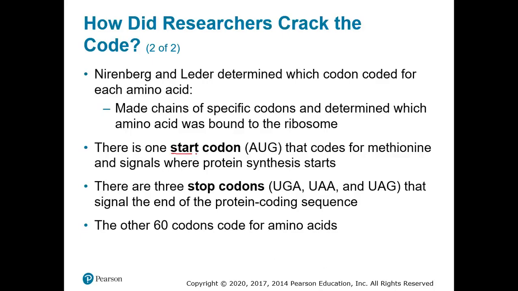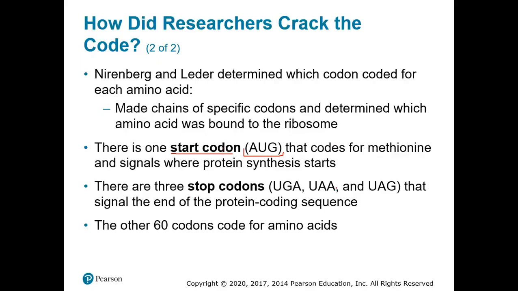So one is a start codon, and this one is always AUG. And we're talking mRNA. And this AUG is always going to code for a methionine. And this is what's going to tell translation to start. This is where we need to start reading our message, the start codon.